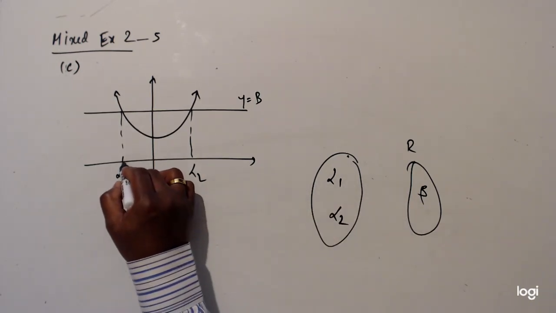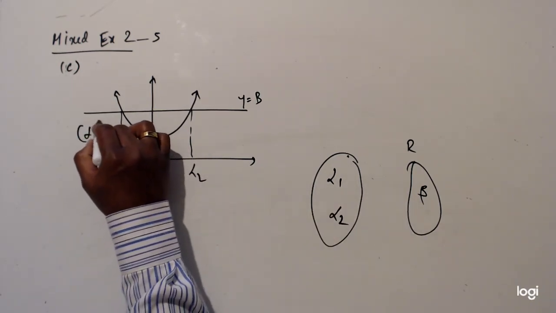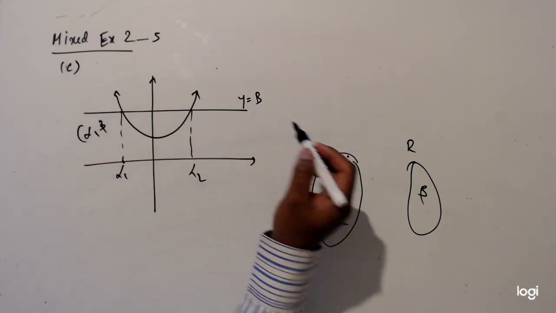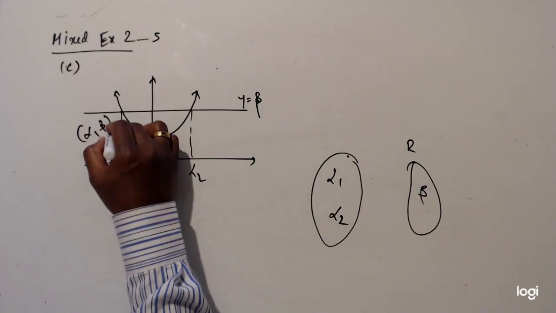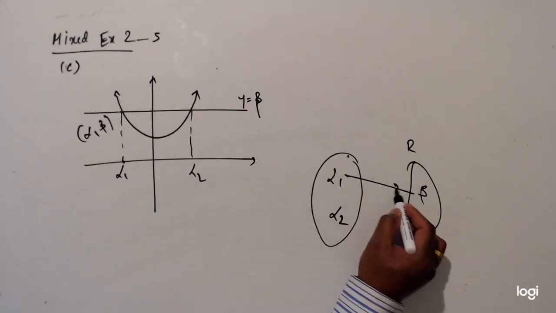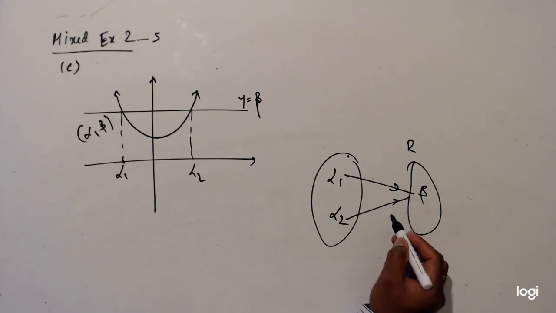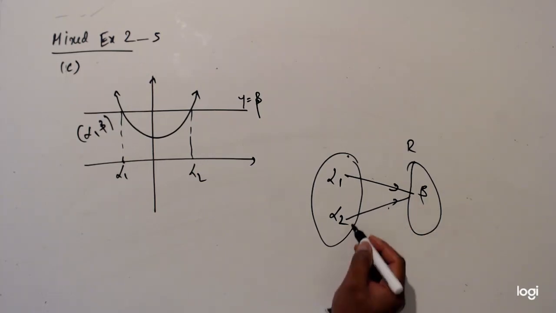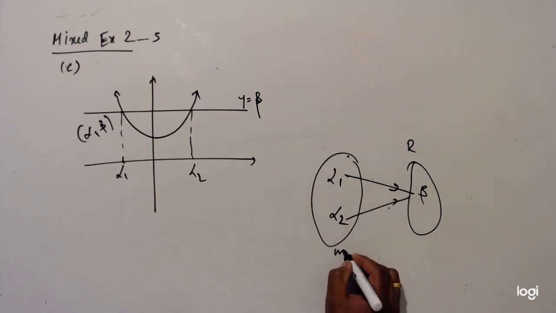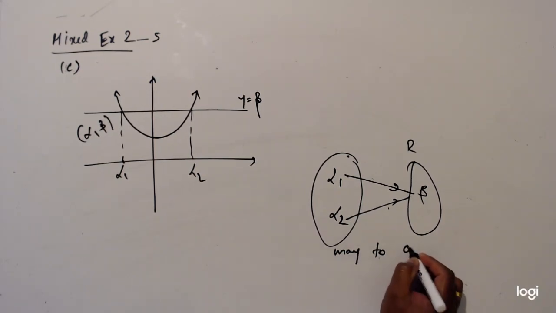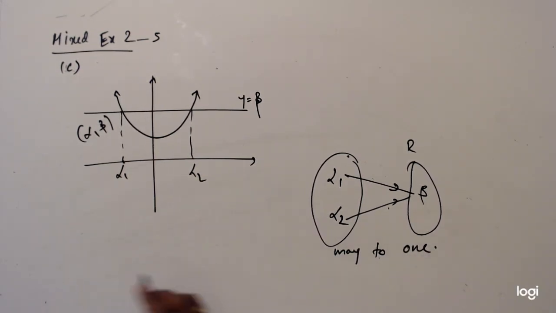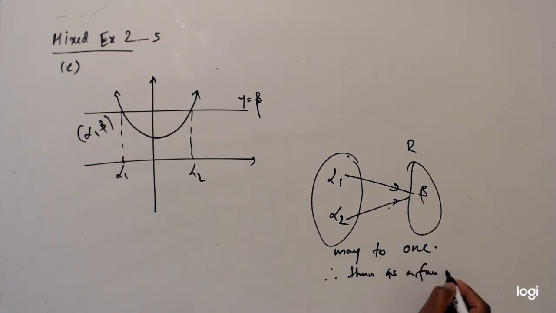If you select alpha 1, still y value is beta. If you select alpha 2, still y value is beta. So this is many to 1. So many to 1 is a function. Hence, this is a function.